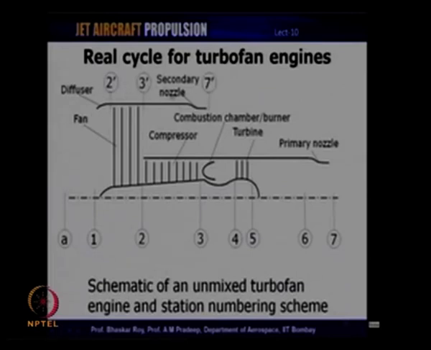So, we will denote these components, let us say the fan entry by station 2 prime, fan exit by station 3 prime, which is equal to 2, the compressor entry, and then the secondary nozzle exit by 7 prime. Primary nozzle exit is still 7.